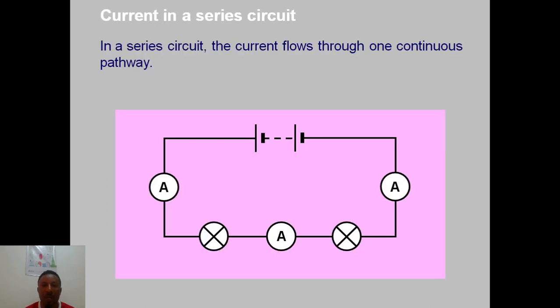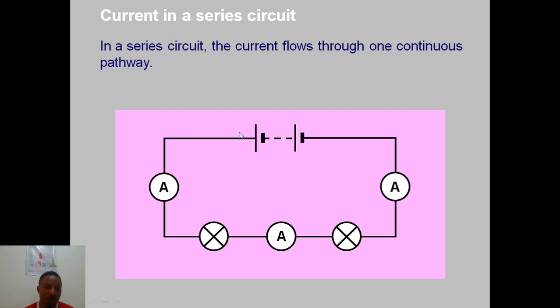Now, in a series circuit, the current flows through one continuous pathway. That means like a pipe. You have a single pipe connected to different items.